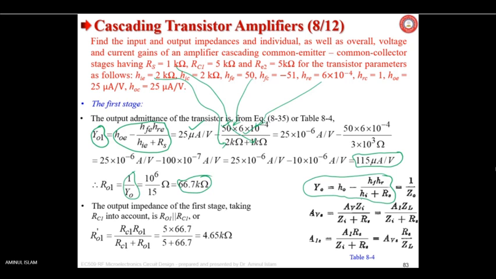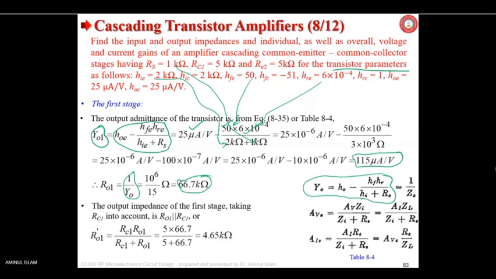Could you understand? These characteristics, HO, HF, HR, HI, are the transistor parameters. It is not the amplifier's parameter. To make an amplifier with a MOSFET or BJT, you need external circuitry like a resistor, another transistor or a load resistor.